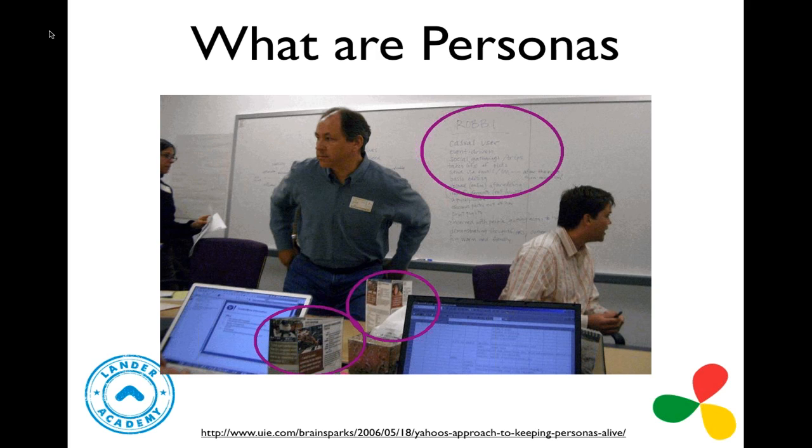They say here on the whiteboard that Rob is a casual user, event-driven, social gathering, takes a lot of pics. Okay, it's a model. And when they need to change something, they say, okay, how is it impacting Rob? How is it impacting Lisa? How is it impacting whoever? So this is very, very, very useful.